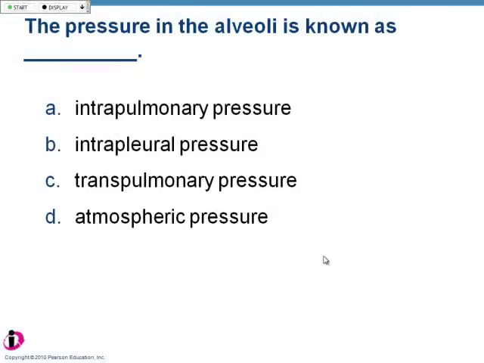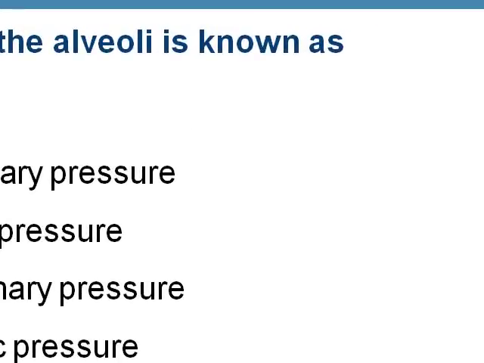All right. This one. The pressure in the alveoli is known as A, the intrapulmonary pressure, B, the intrapleural pressure, C, the transpulmonary pressure, or D, the atmospheric pressure?